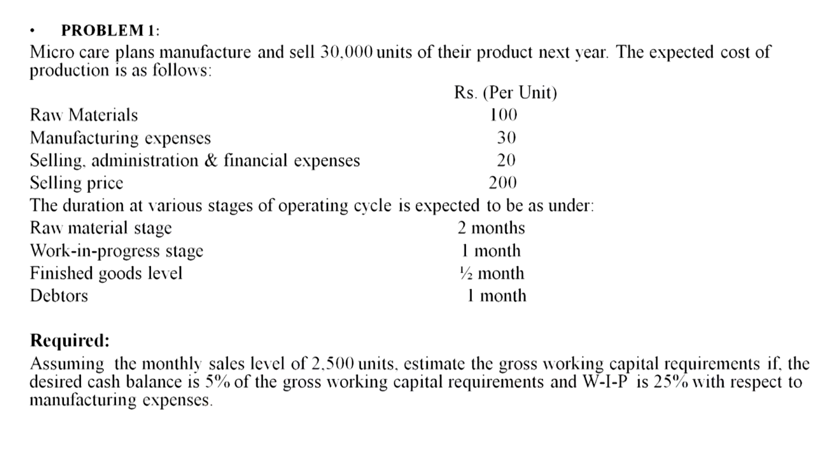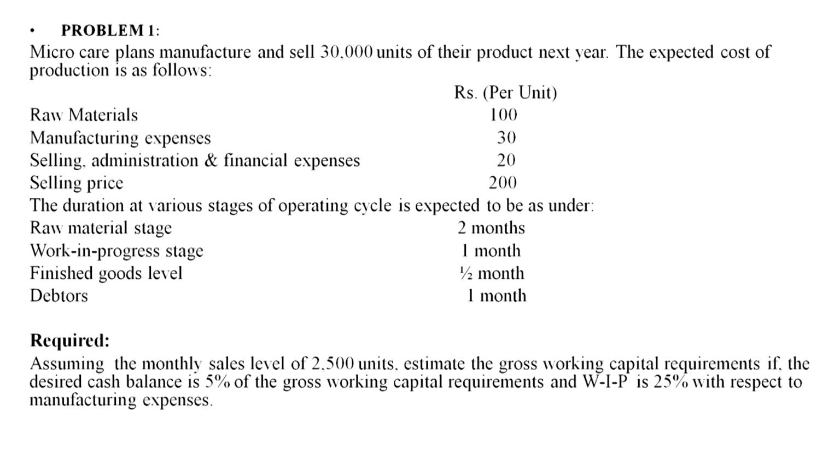This is the first problem, and it says that the different components of the manufacturing process are available to us, that is raw material, manufacturing expenses, selling, administration and financial expenses. Then the selling price is given to us, and then we are given the different durations of the operating cycle.